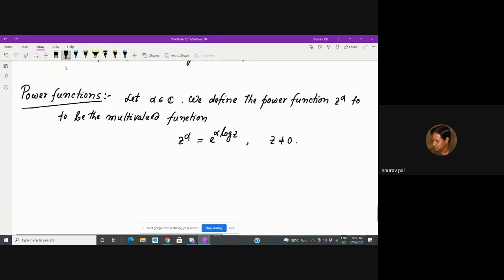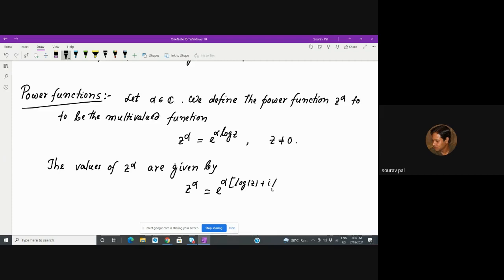So what are the values of z to the alpha? The values are given by z to the alpha equals e to the alpha times log mod z plus i times the principal argument plus 2k pi i, where k ranges over the integers.